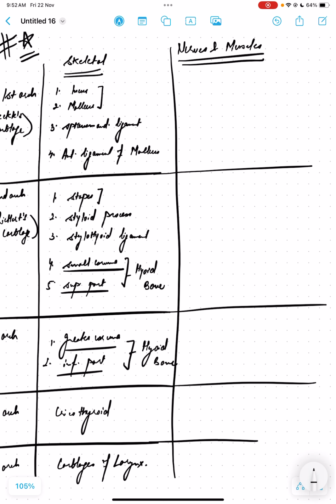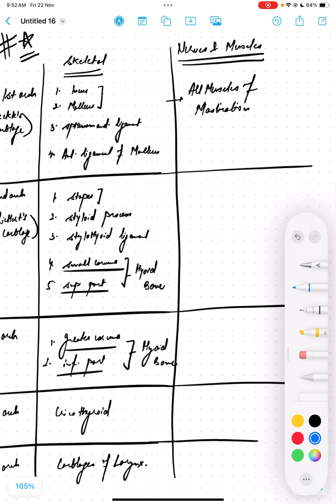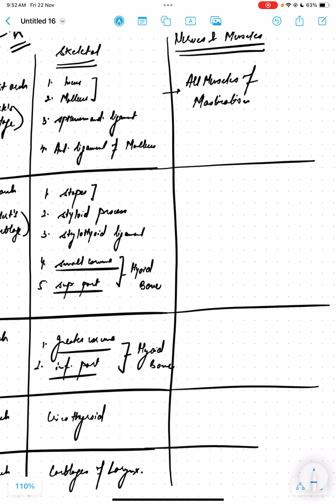In the first arch, basically it involves all the muscles of mastication, and basically you have to remember from the anterior and the posterior belly of digastric.